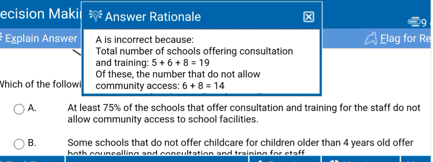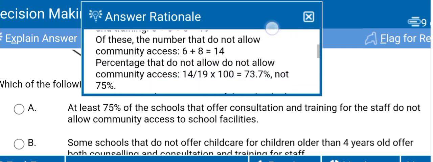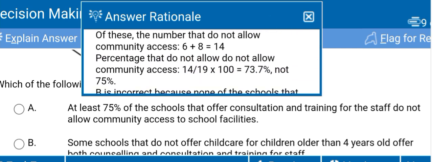Of these, the number that do not allow community access, 6 plus 8 equals 14. So the percentage that do not allow community access, 14 divided by 19 multiplied by 100 is equal to 73.7%, not 75%.